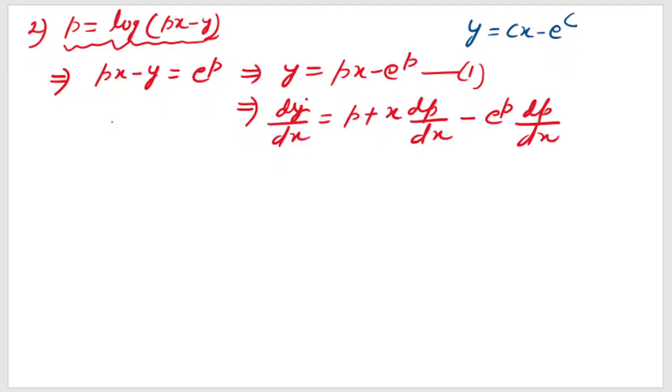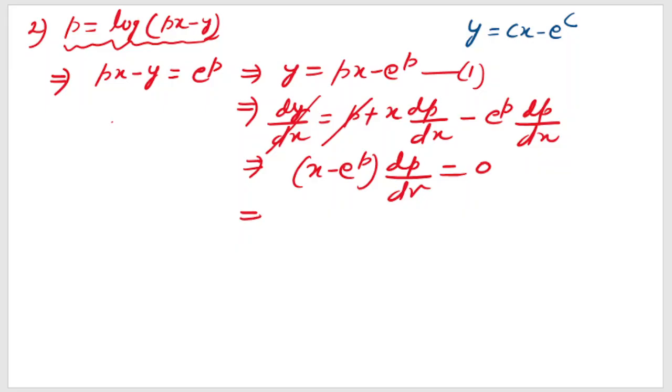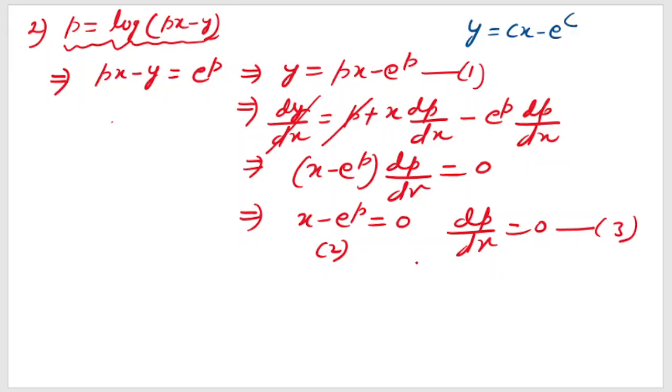Now you know that this is p, so now I am going to cancel both this term directly here, and here I am going to write x minus e to the power p dp by dx is equal to 0. So from this I get x minus e to the power p is equal to 0, and I am going to call this equation number 2, and I am going to get dp by dx is equal to 0. I am going to call this equation number 3.